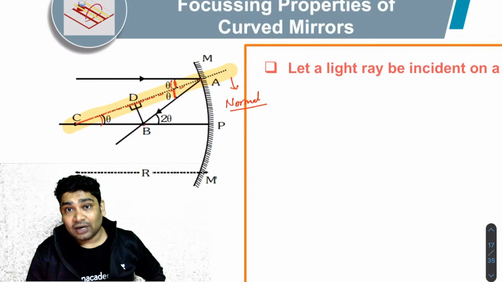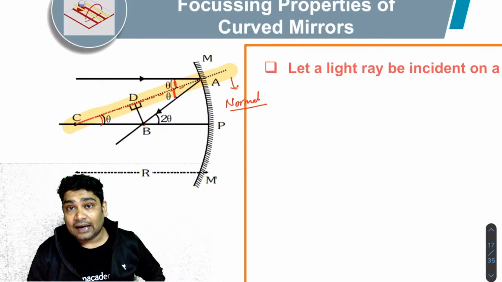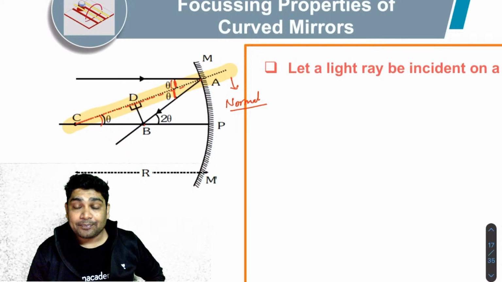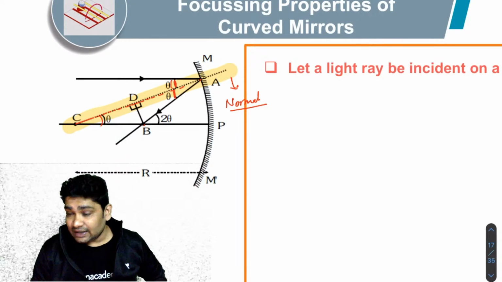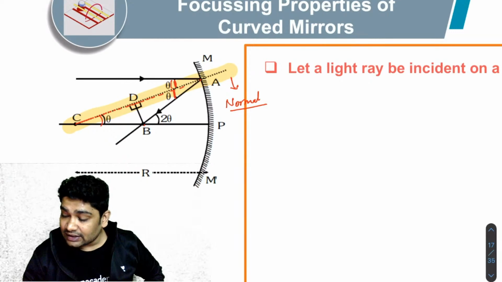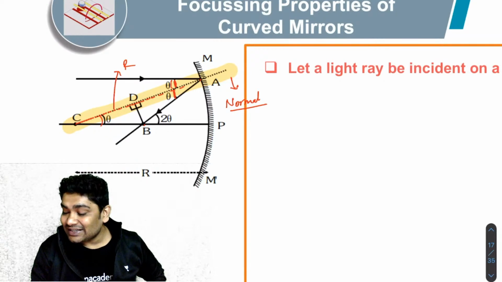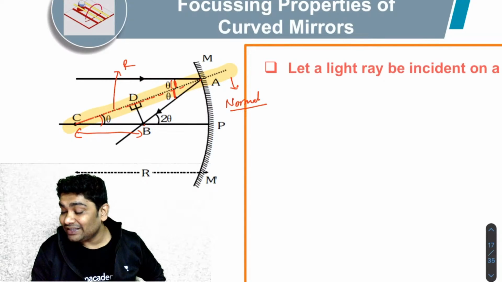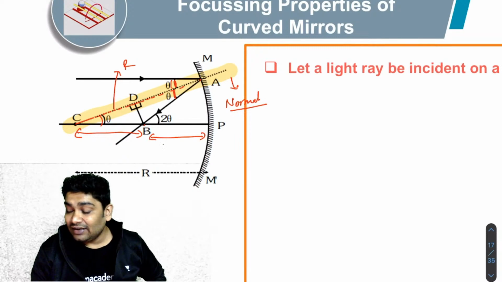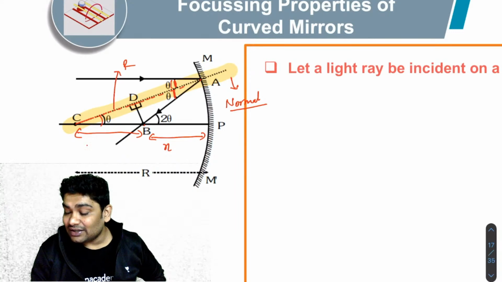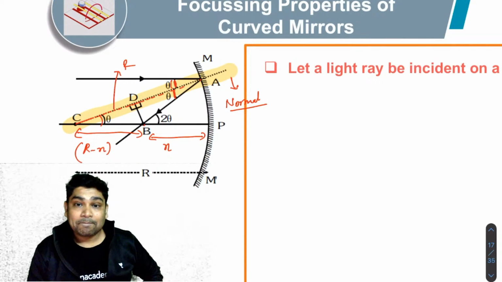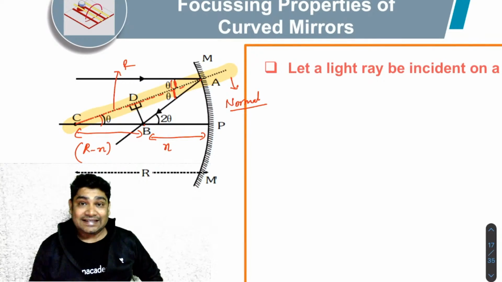Now if I look at the triangle ABC, the length AC is equal to capital R. Let's say if this length is some x, then this length is R minus x. Agreed? I hope everybody can see that.